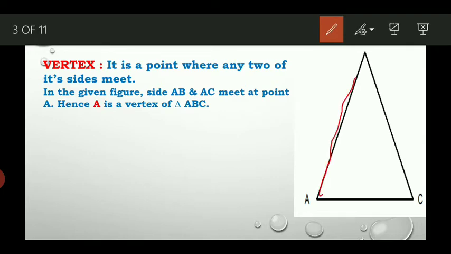This one is AB. And which one is AC? This one is AC. Now where are these two lines meeting? These two lines are meeting here. So this is one vertex. Okay. Next.